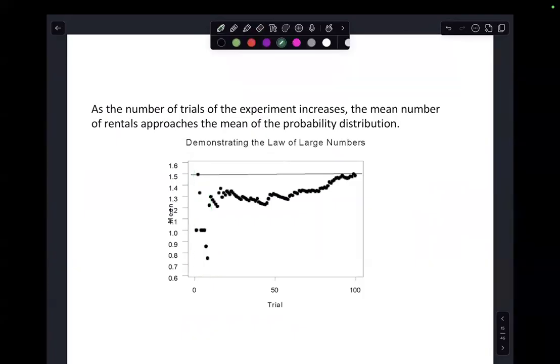But as we get more and more, notice how this is trending up here. I'm averaging as I go along: add another one in and average it, add another one in and average it. So our average is going to approach that number. That's what that lovely picture is.